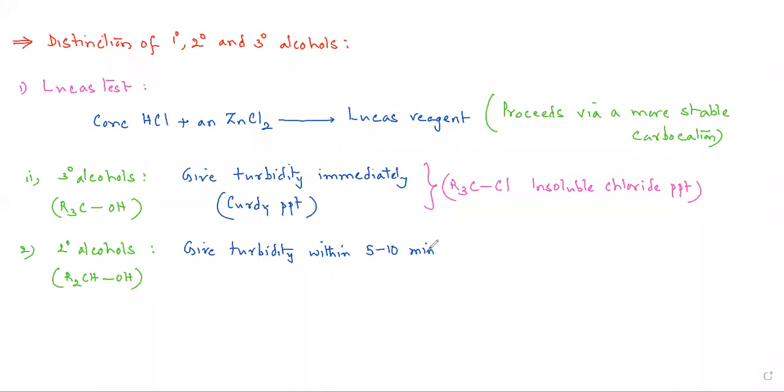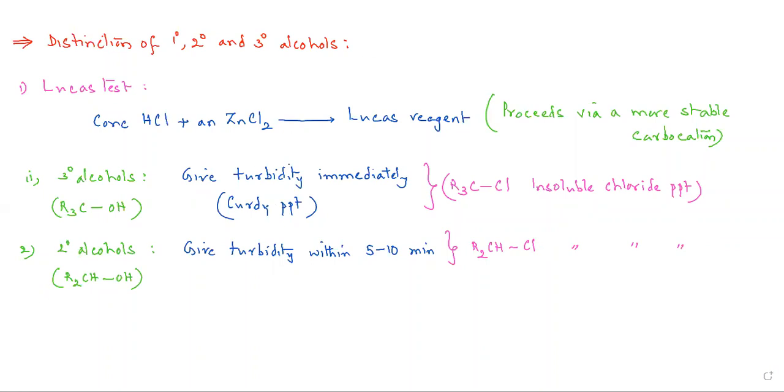Because a 2 degree carbocation, of course, is stable, but not as stable as 3 degree, right? In this case, we get R2CHCl, insoluble chloride precipitate.